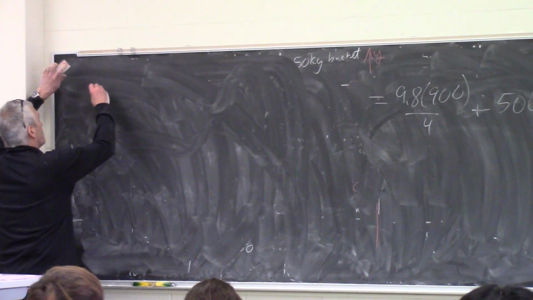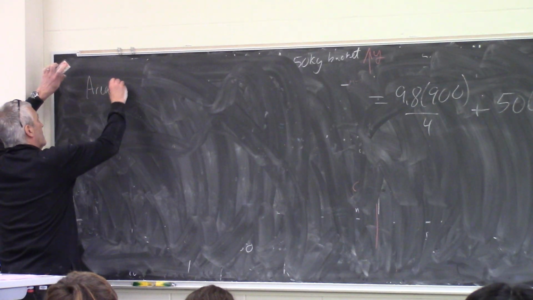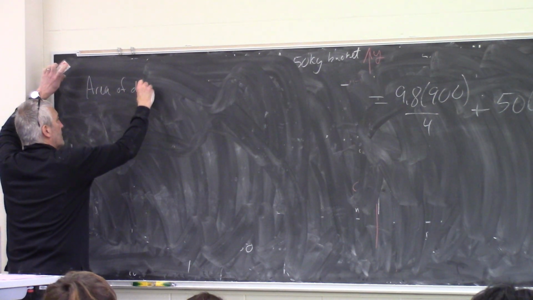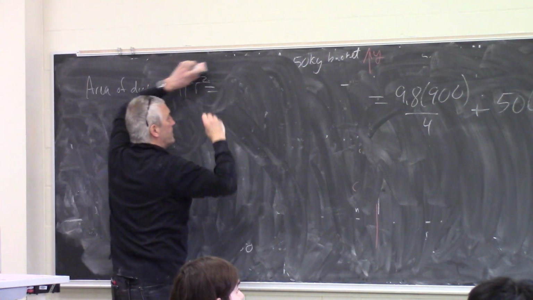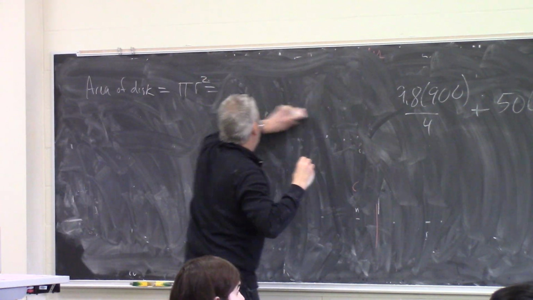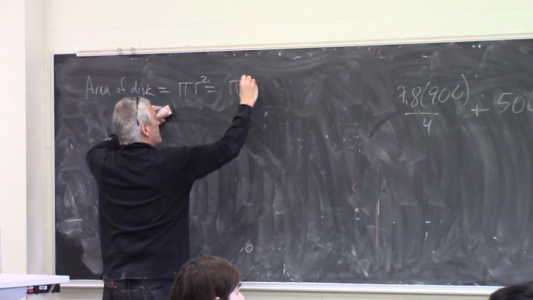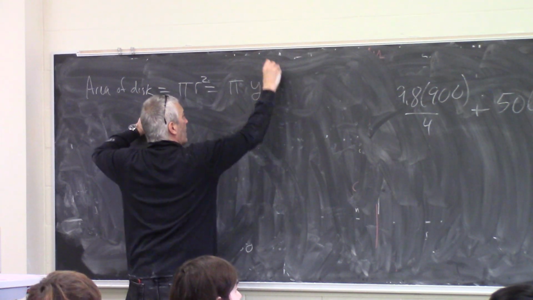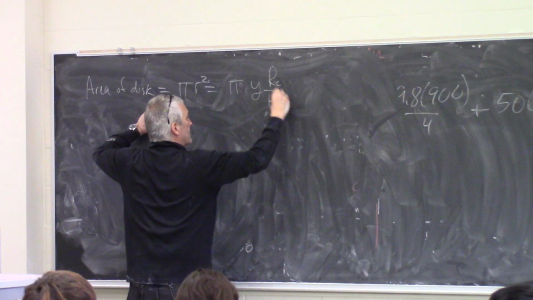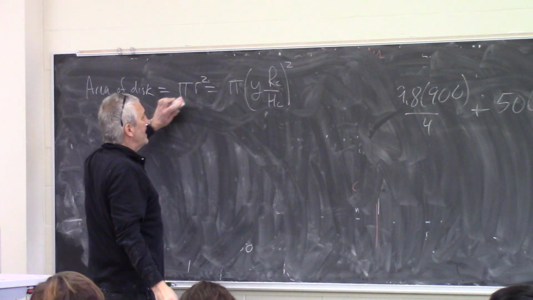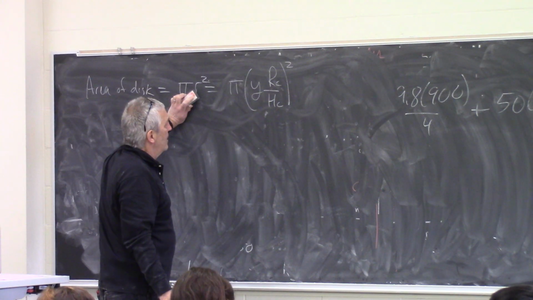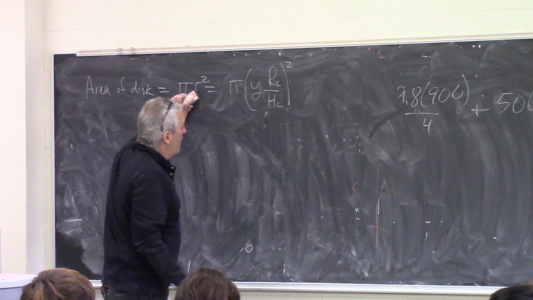So the area of the disk is going to be pi times little r squared. So that's going to be pi times y RC over HC, that whole thing squared. But y is a variable and RC and HC are constants, so I'm going to find it useful to pull out the y.